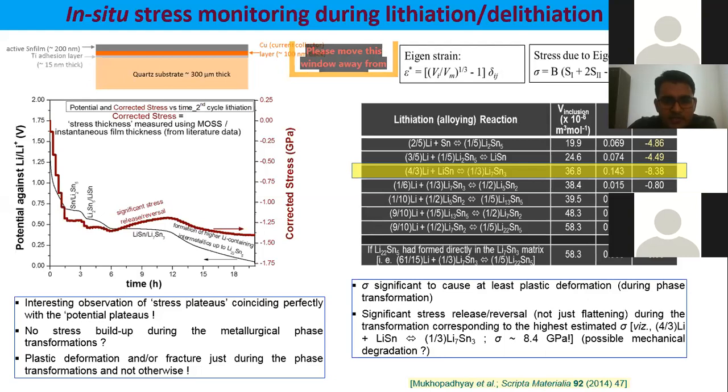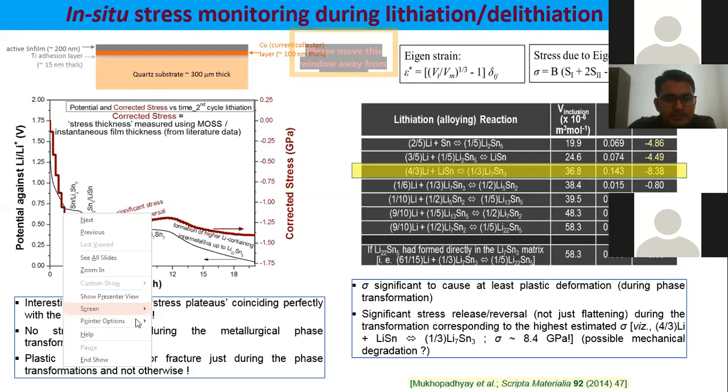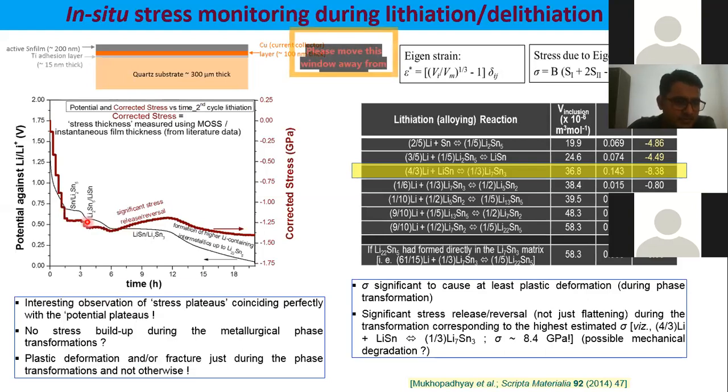So another query is: explain relieving stress in the Sn electrode. So what happens when the lithiation progresses? As lithiation of the tin film progresses, various tin intermetallics get formed, and the yield strength of tin is around 40 megapascal, I think. Due to the formation of these species within the tin film, the film creates strain, that is eigenstrain.